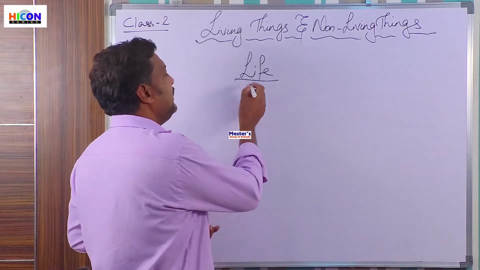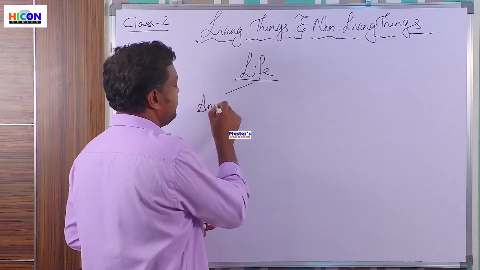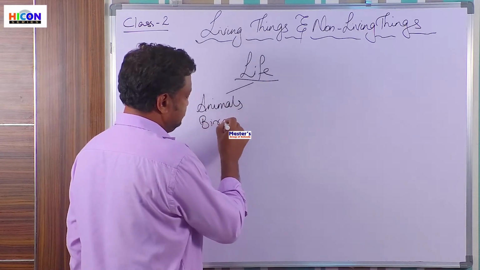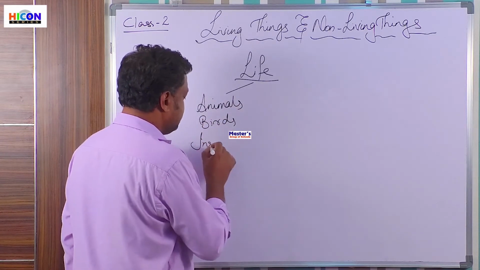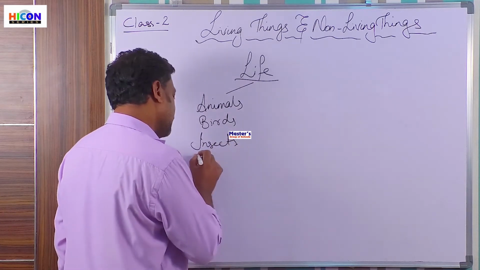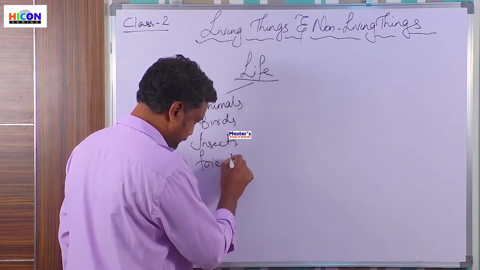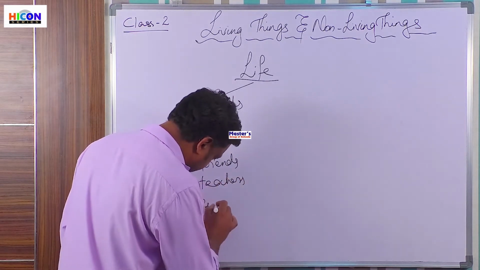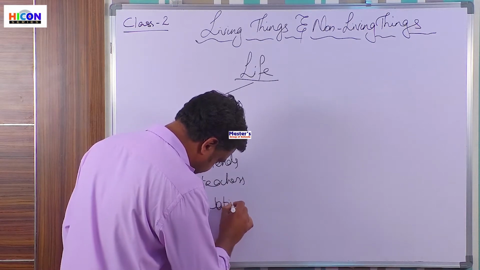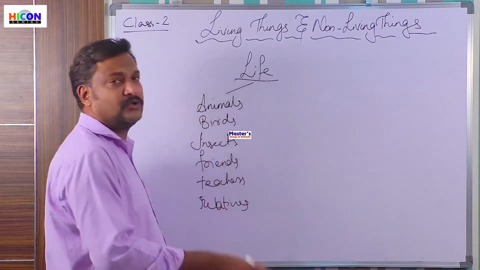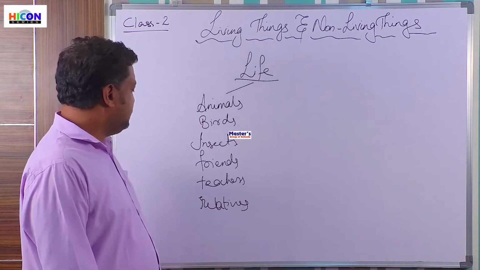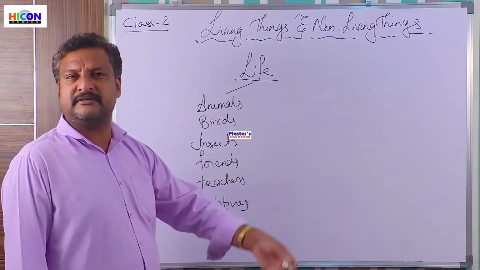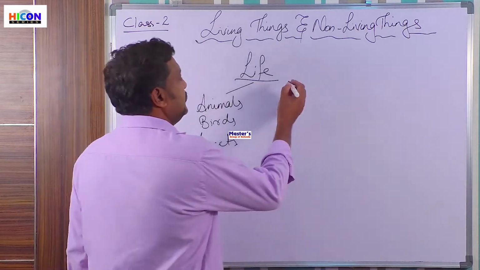So those that have a life are animals, birds, insects, our friends, teachers, relatives, and so on. So friends, relatives, teachers, insects, birds, animals, all these things have a life.